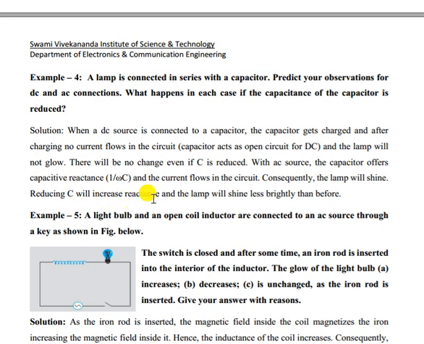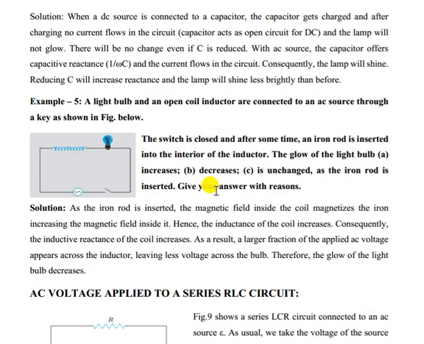Reducing C will increase the reactance, and the lamp will shine less brightly than before, because if the reactance value increases, that means it offers more resistance, so the current will be lesser, so the lamp shines less brightly than before.